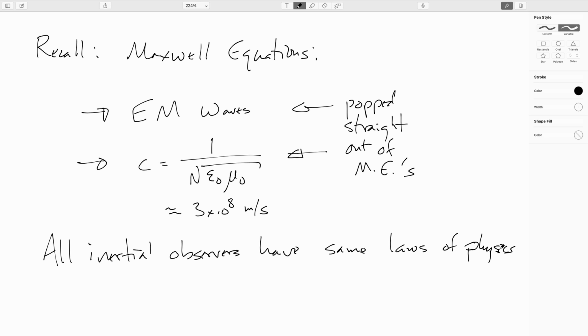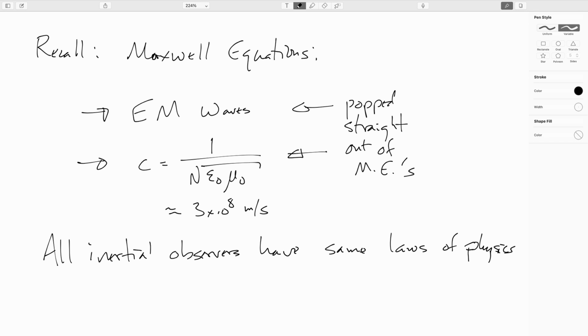So the Maxwell equations appear to be universal laws, although maybe they don't have to be. After all, when you do the Doppler effect for sound or something like that, you said, oh, we can only think about sound propagating in the medium it's propagating in, the air. So for the equations for sound, there's a special observer. And that observer is somebody who is stationary with respect to the air mass the sound wave is propagating in.